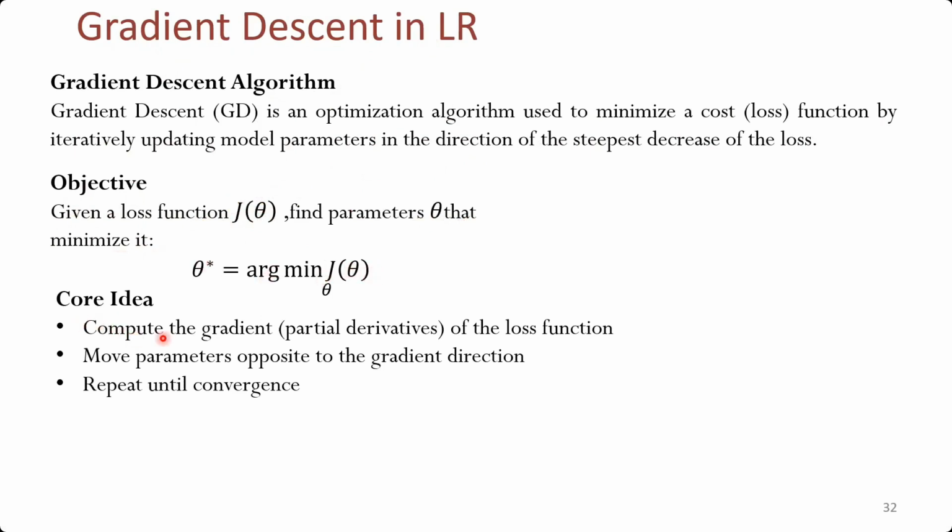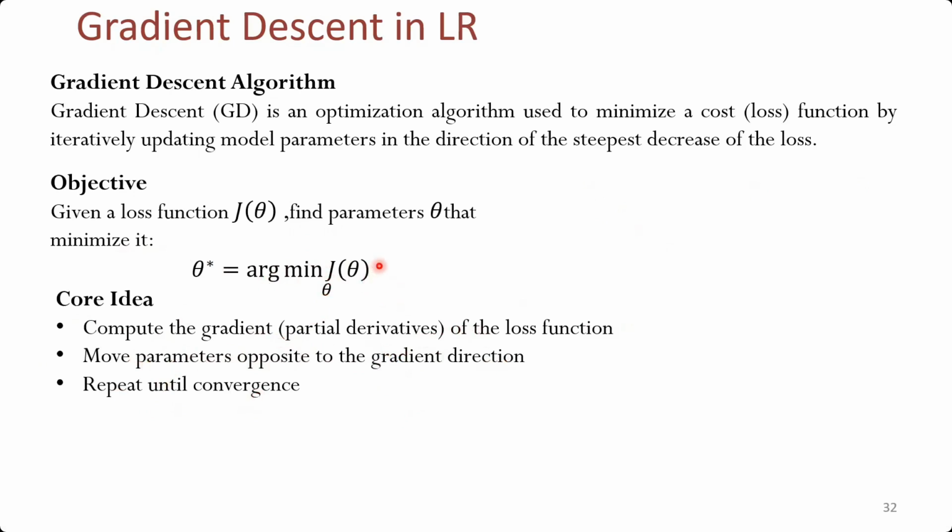The idea is to compute the gradient, the partial derivative of the loss function with respect to either b or m, and move the parameters opposite to the gradient direction. We repeat this process until we find the minimum cost function, until it converges.